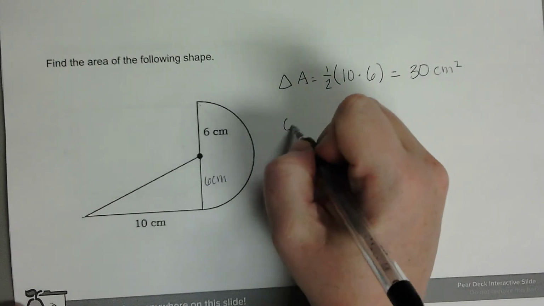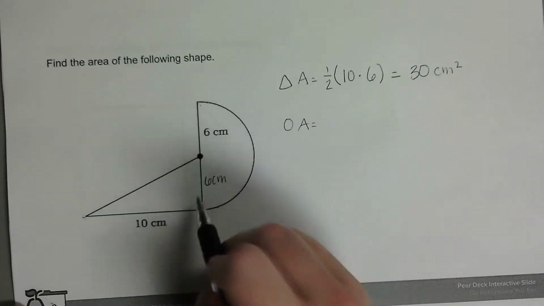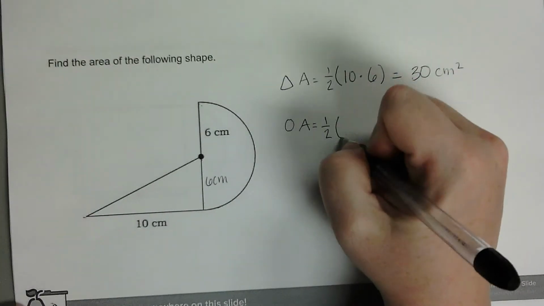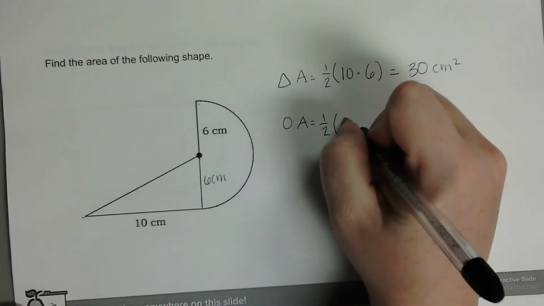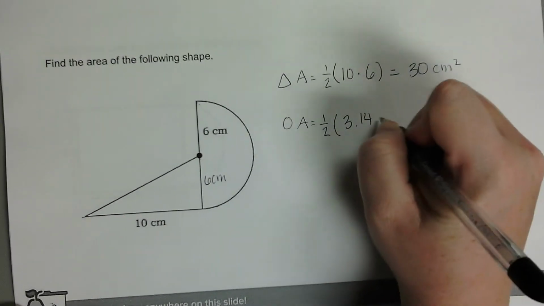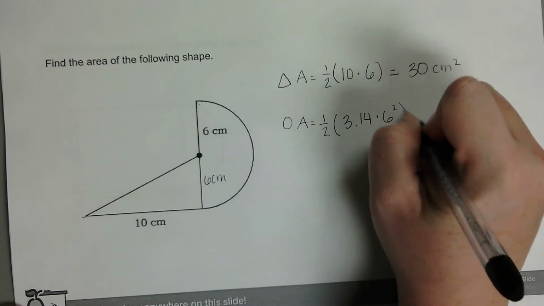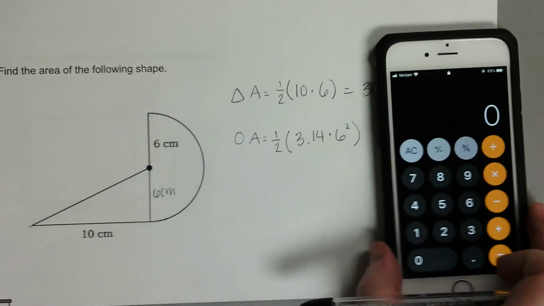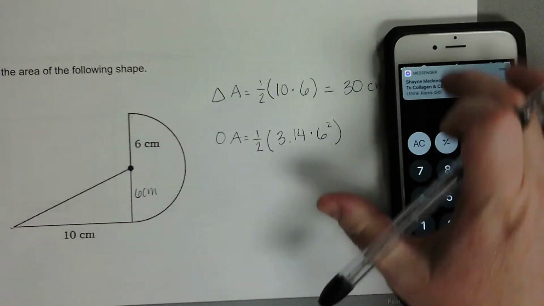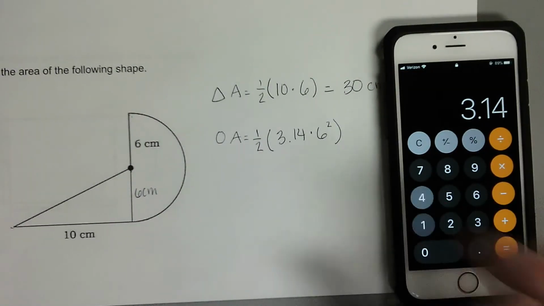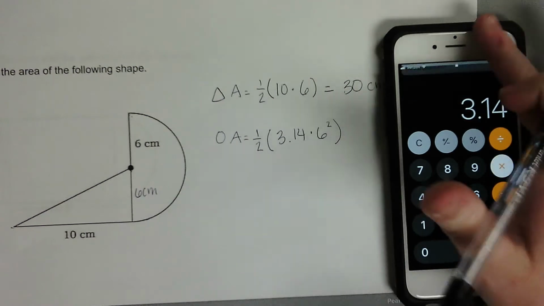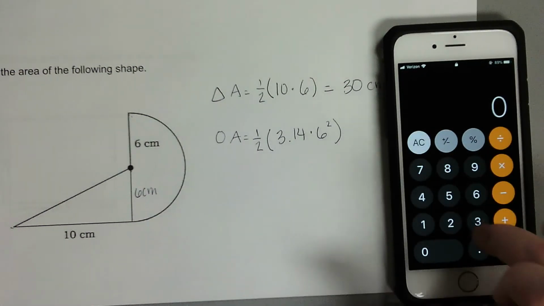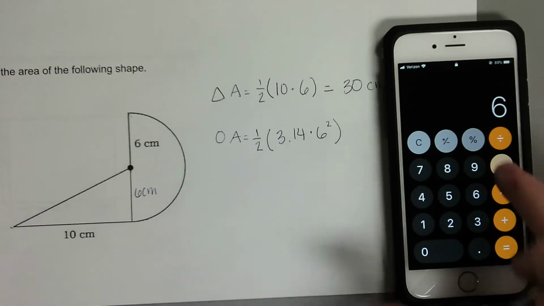Okay, now we have a circle, area of our circle. We only have half of it. So we have to start with that, half. And area of a circle is pi r squared. So I'm going to do inside my parentheses first. 3.14 times 6 times 6.